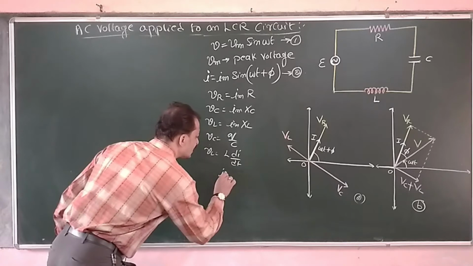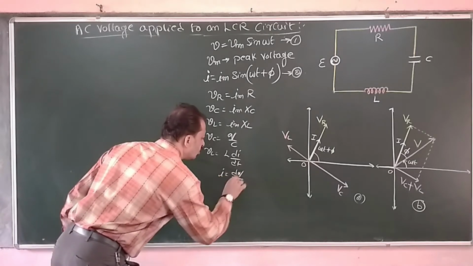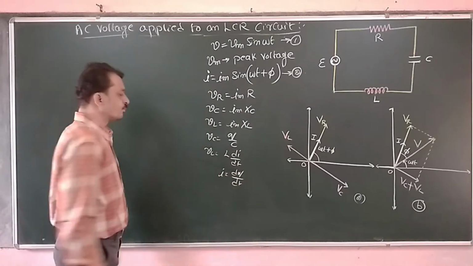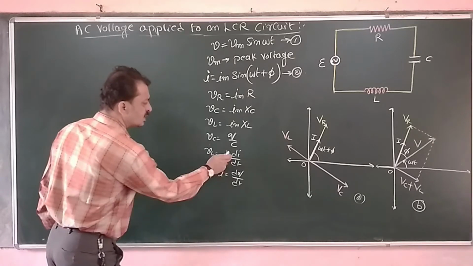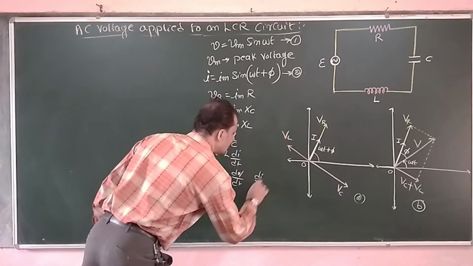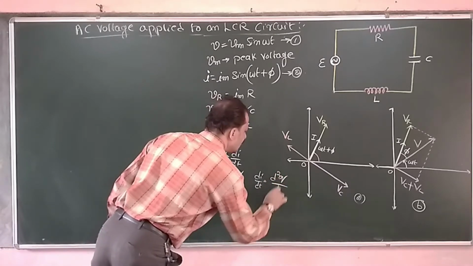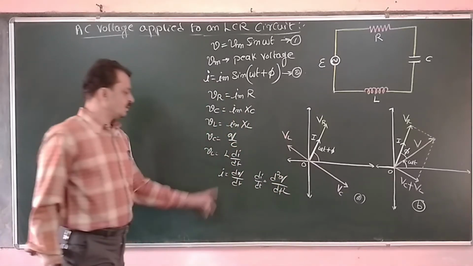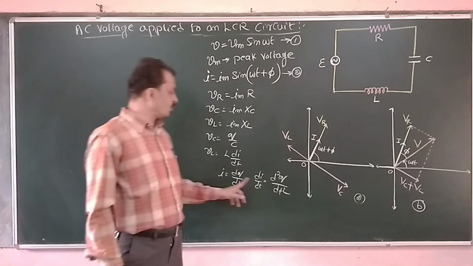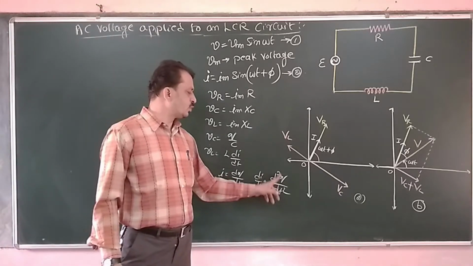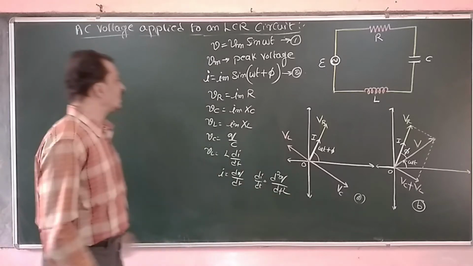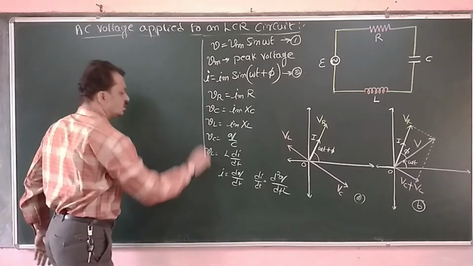We know that current is the rate of flow of charge, so I is dq by dt, therefore di by dt is d2q by dt square.